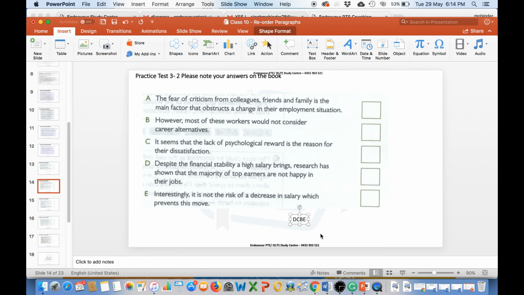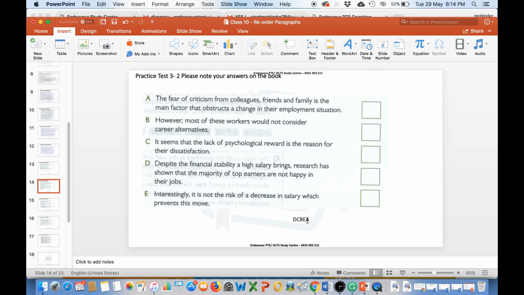And then you're only left with one statement: the fear of criticism from colleagues, friends and family is the main factor that obstructs a change in their employment situation. And that seems to be the ending, and you have the article. So if we look at the endings, you only have the article in here, so the most specific should go at the end. So the right answer is D, then C, then B, then E, then A.